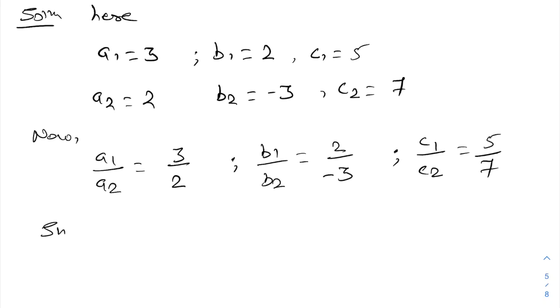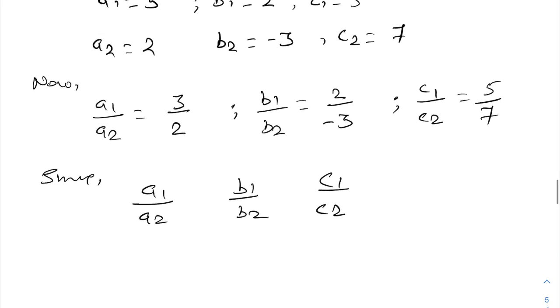Now again we can write that, since it can be seen that the ratios A1 upon A2, B1 upon B2 and C1 upon C2, none of these ratios have the same values, that is, these all have different values. So we can write that A1 upon A2 is not equal to B1 upon B2, and this one is not equal to C1 upon C2.